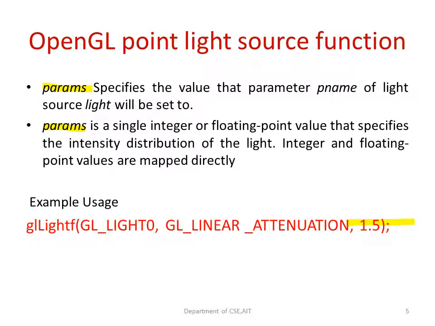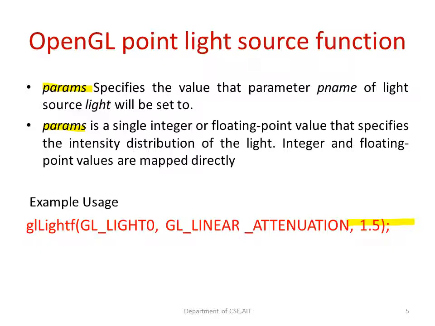The third parameter gives us a value in terms of a floating number or an integer. If you specify f, you give a floating number value. If you specify i, you give an integer value. Here I am going to give a floating number value, so I am using glLightf. In this example, the first parameter is concerned with light 0, that means the first light.